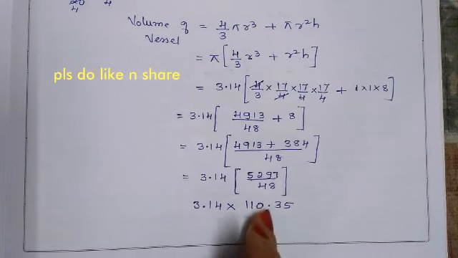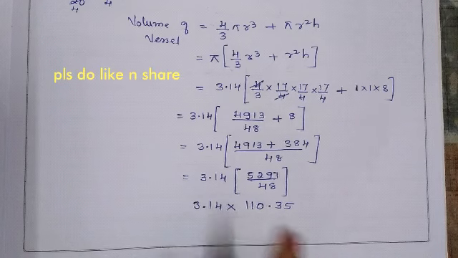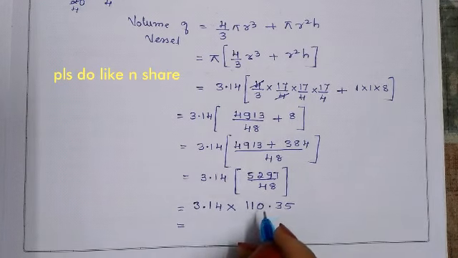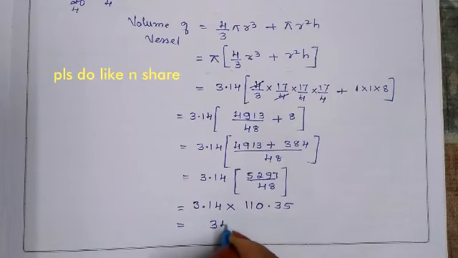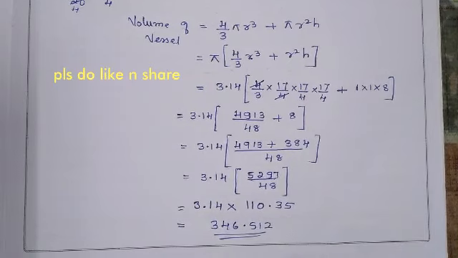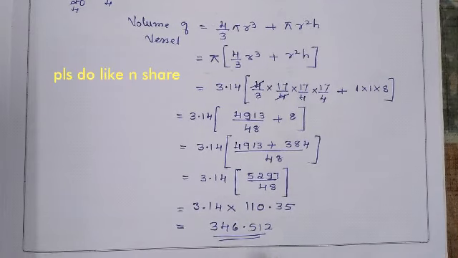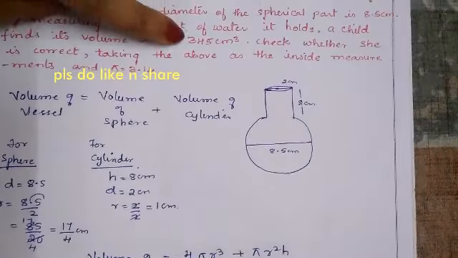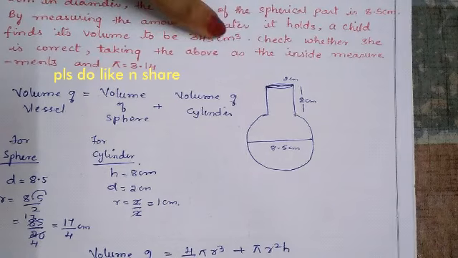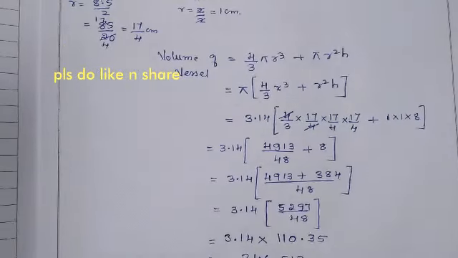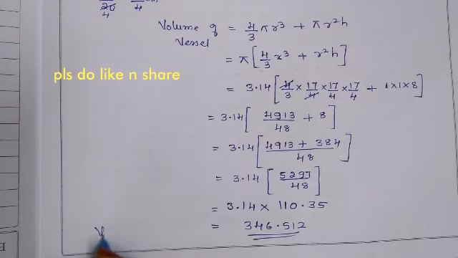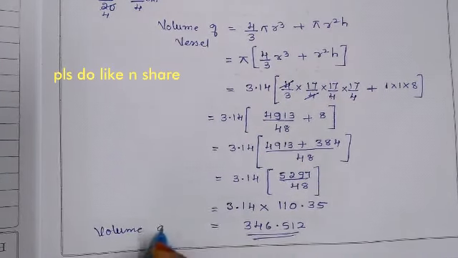So this 110.35 we need to multiply with 3.14. If we multiply this, we get 346.512, which is approximately near to 345. The child has guessed the volume. So the guessed volume is 345, which is very near to what we got, 346.512. That is the volume of the vessel.